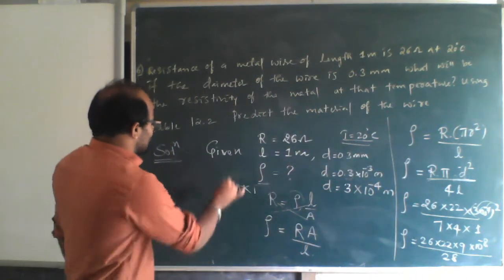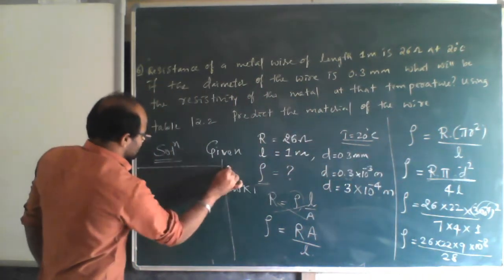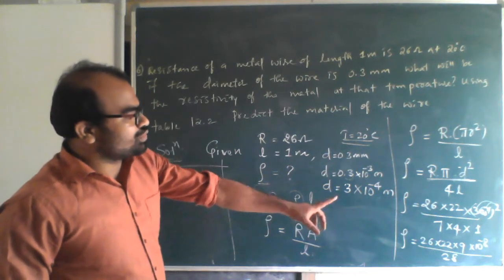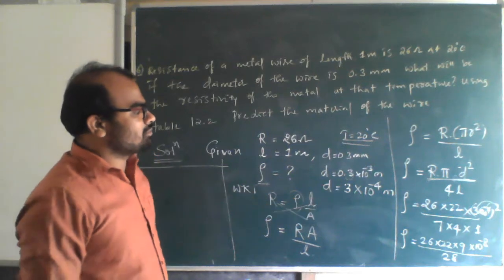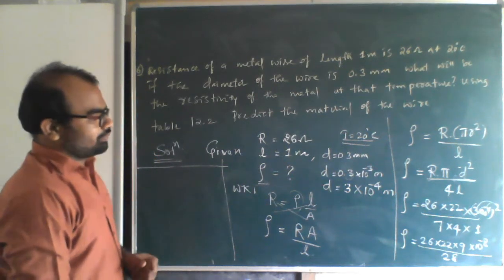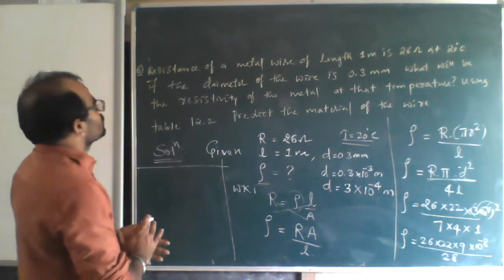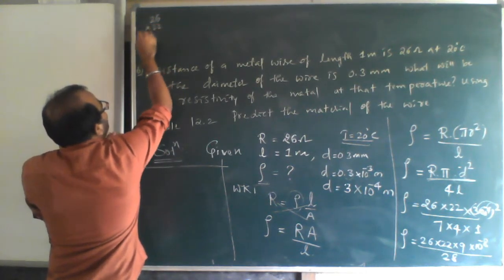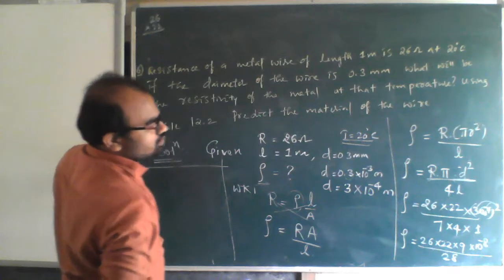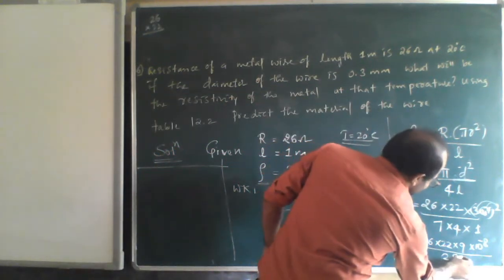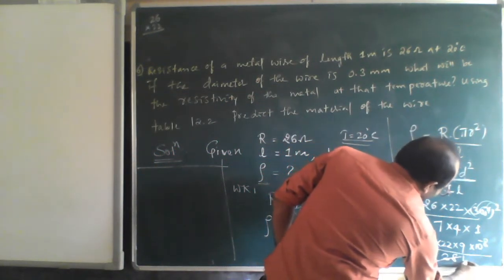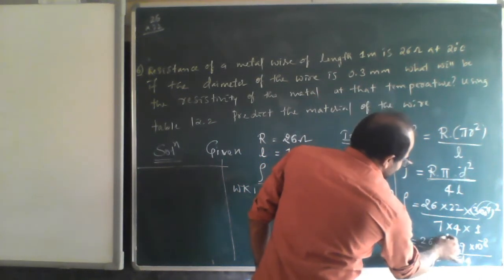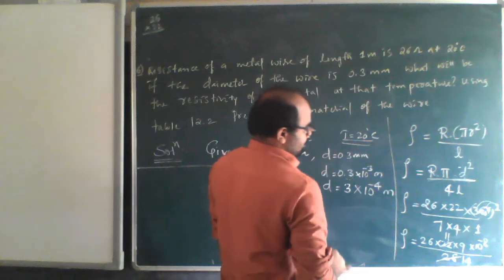Now from that directly you come this side. This part I will solve. 26 into 22 into 9 into 10 to the power minus 8 by 28. You have to solve this. You can solve by 26 into 22, or else you can cancel here. 2 14s are, and very easily you can cancel this as 2 11s are.